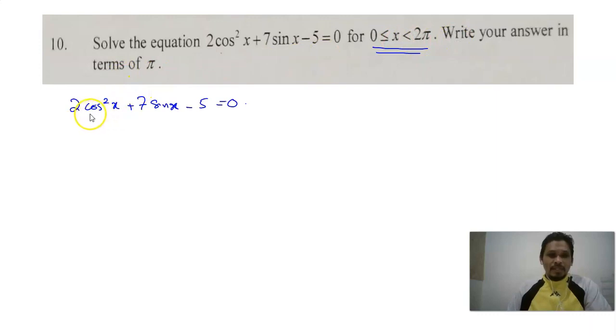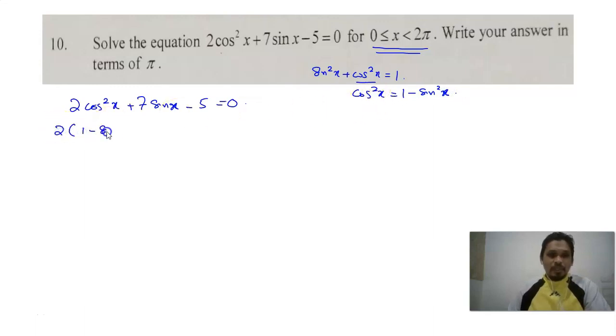Okay, from the trigonometric identity sine square x plus cos square x equal to 1, then cos square x equal to 1 minus sine square x. So let's substitute with this one here.